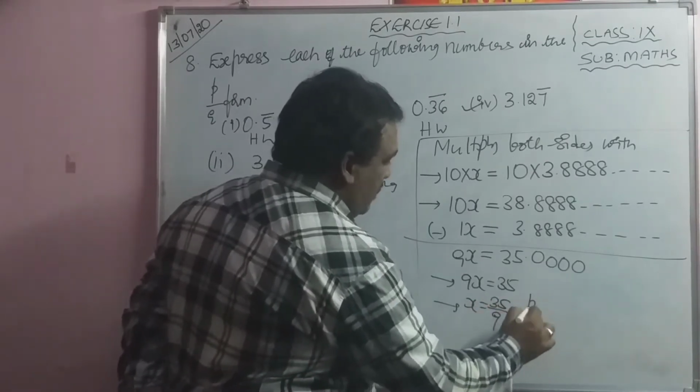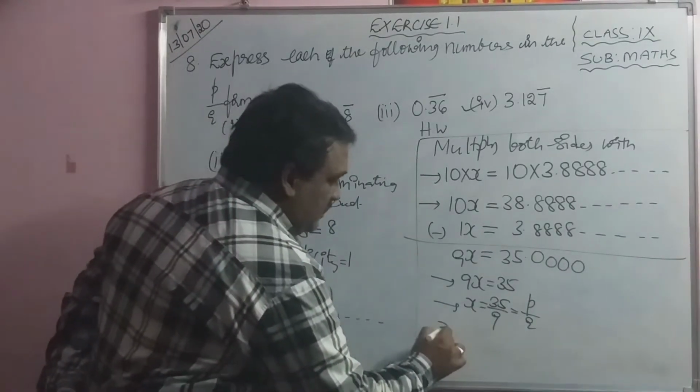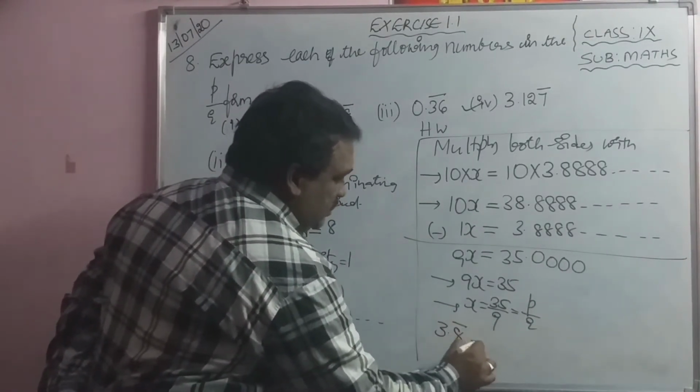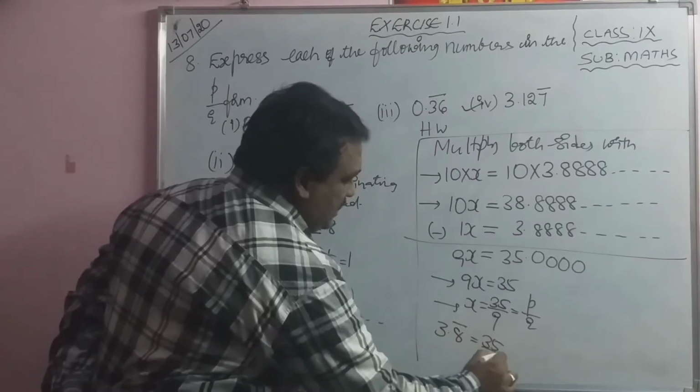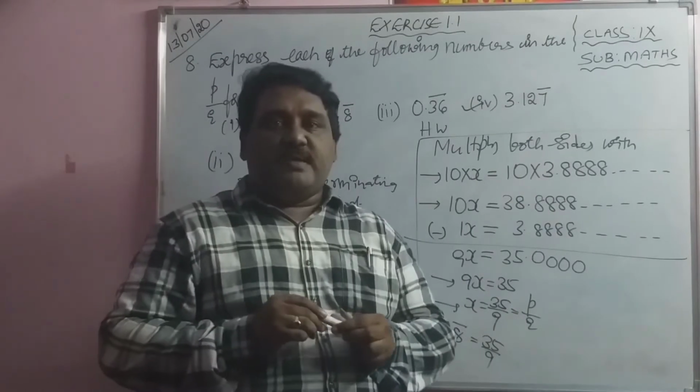It is in the form of p by q. So 3.8 bar equal to 35 by 9.